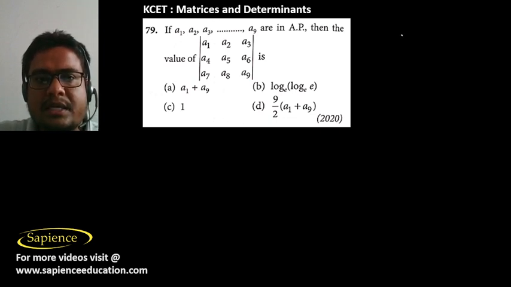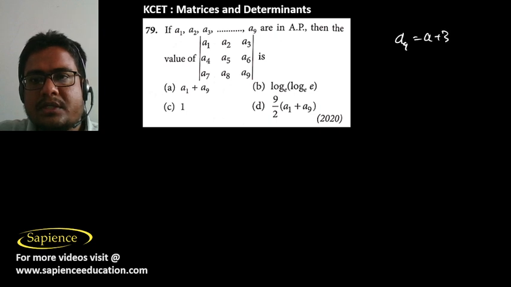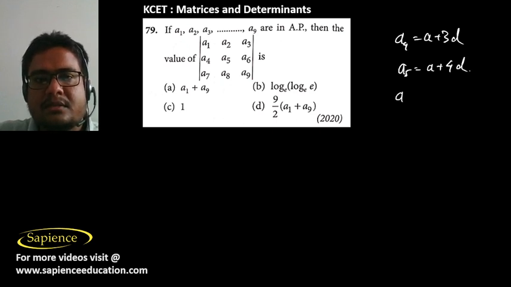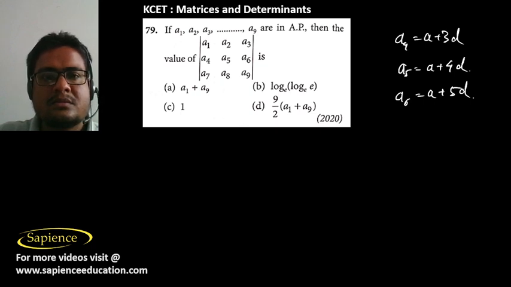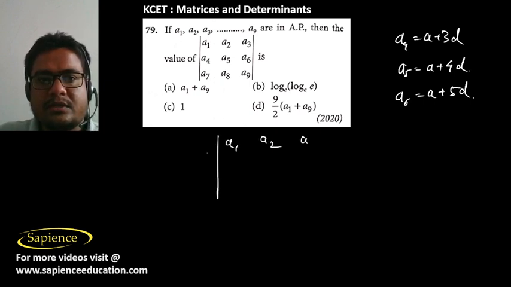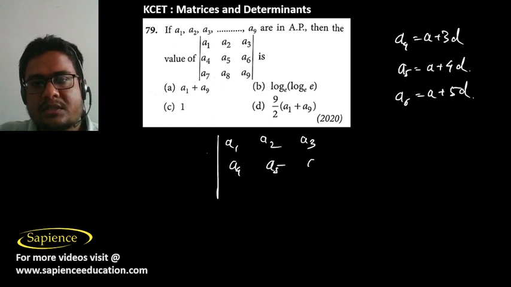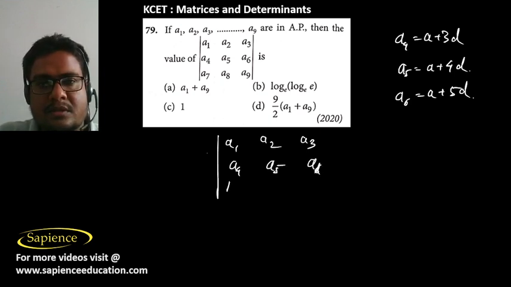So we can say that A4 is A plus 3D, A5 is A plus 4D, and A6 is A plus 5D. Therefore, we have to find the determinant of A1, A2, A3, A4, A5, A6, A7, A8, A9.